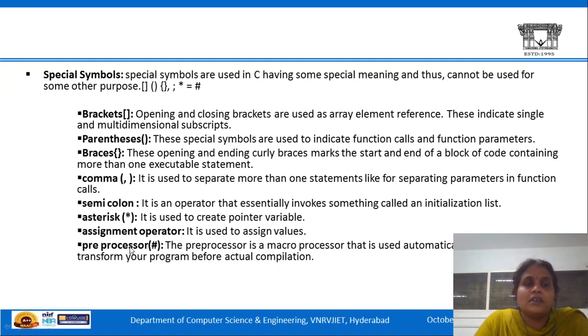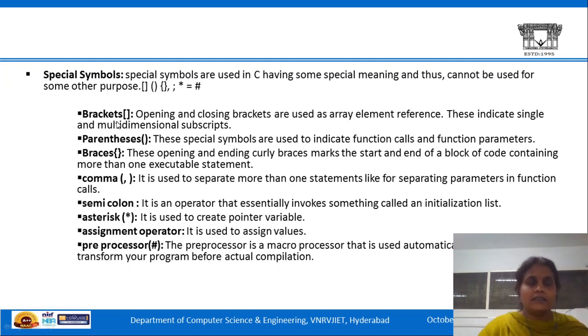Here some special symbols are listed: brackets, parentheses, braces, comma, semicolon. All these have some meaning in the C language. They cannot be used for other purposes or as names of variables, because they have predefined meanings.